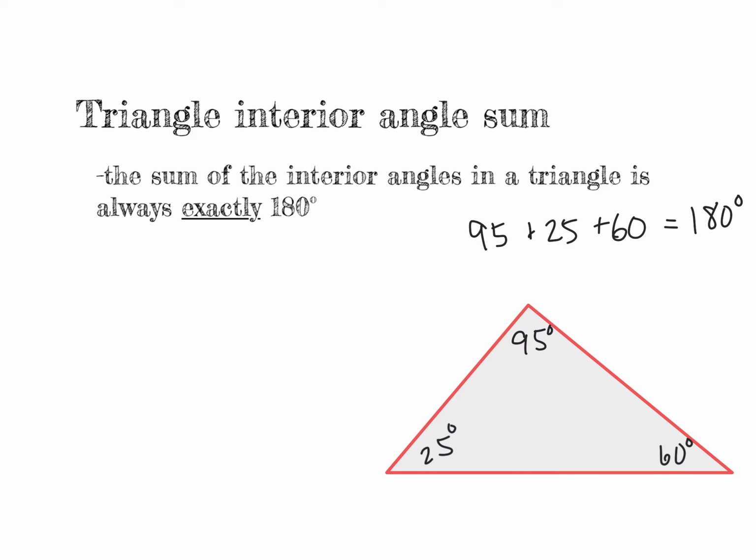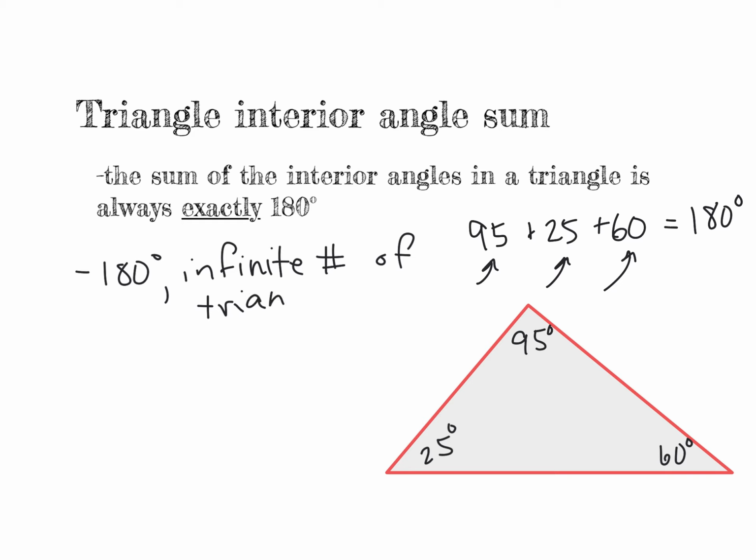What's interesting is what else this angle sum can tell us about triangles. For example, if the angle sum of a triangle is 180 degrees, then that means that those three angles, for example, here again we have 95 degrees, 25 degrees, and 60 degrees, those three angles could create an infinite number of triangles.